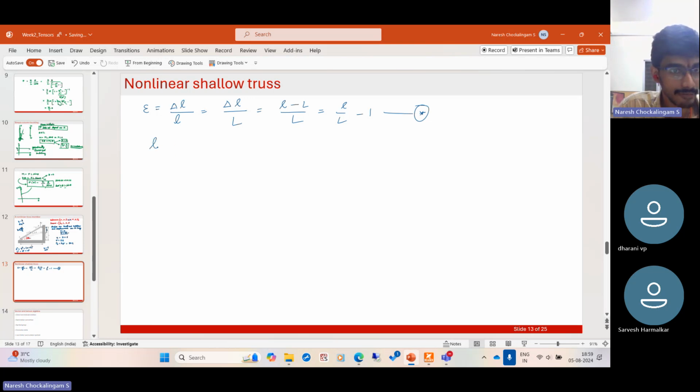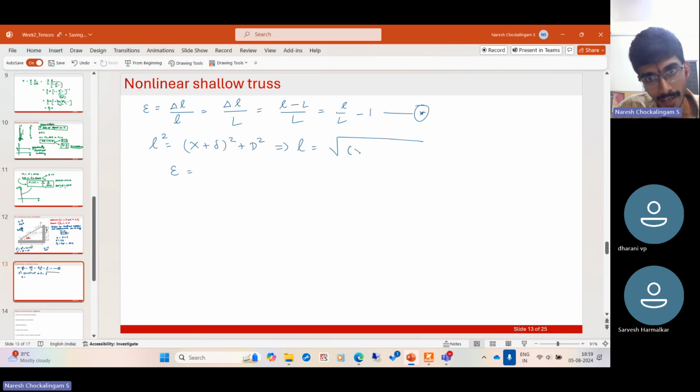What is L? We just defined it. L square is equal to x plus delta the whole square plus d square, which means L is square root of x plus delta the whole square plus d square. Strain is L by capital L minus 1.